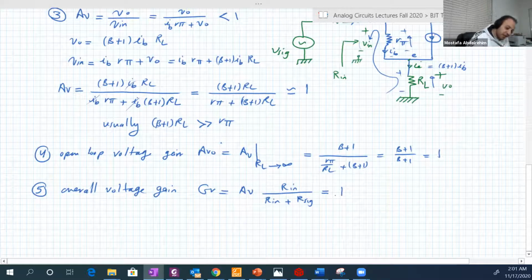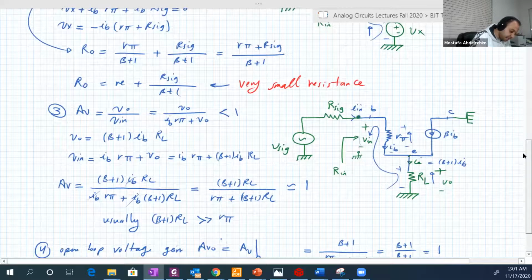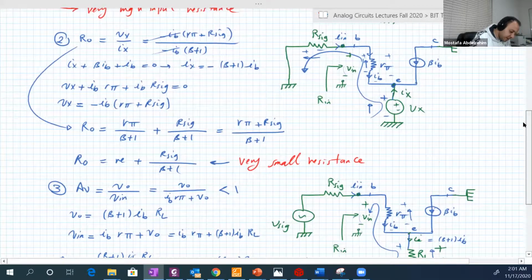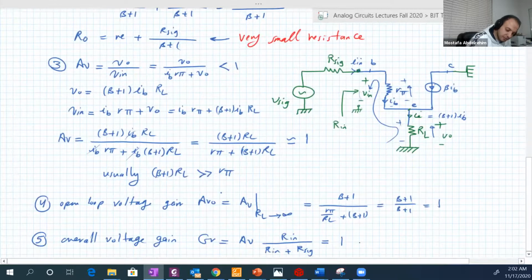And our input is, let's write it down, it's R pi plus beta plus 1 RL, over R pi plus beta plus 1 RL plus R signal.